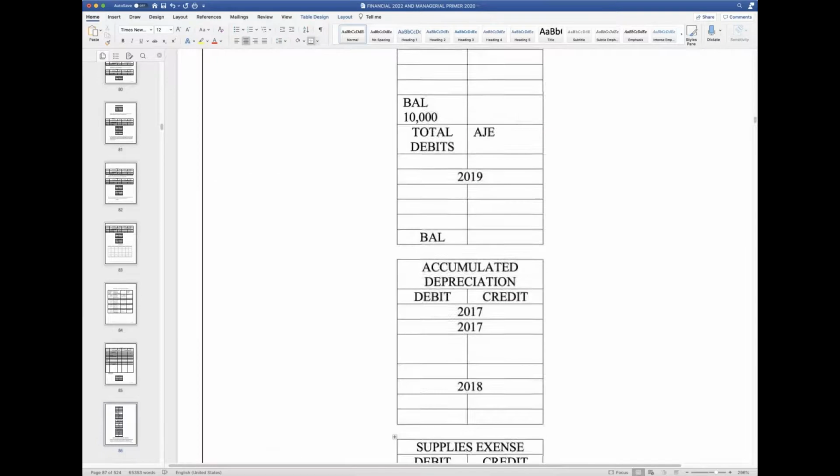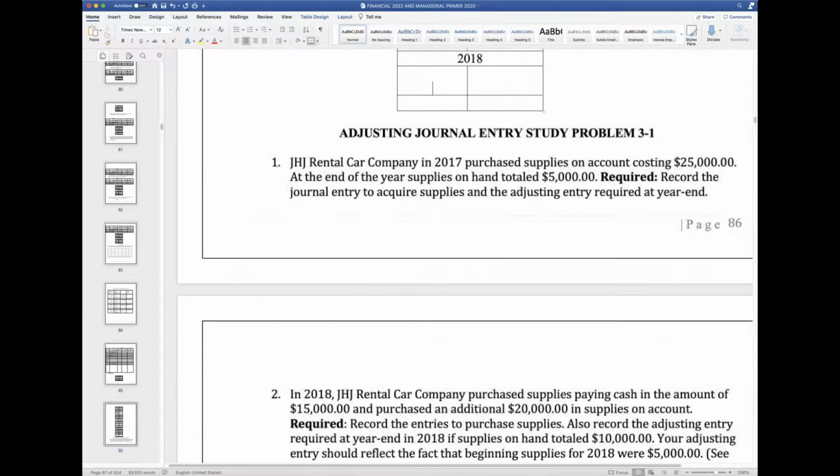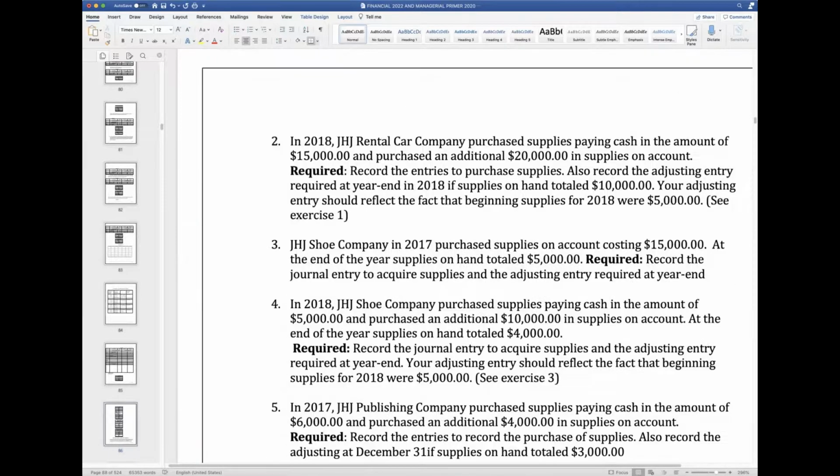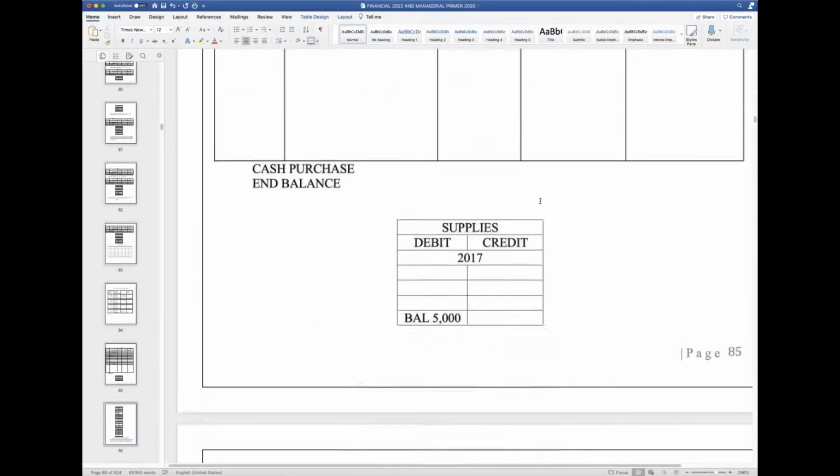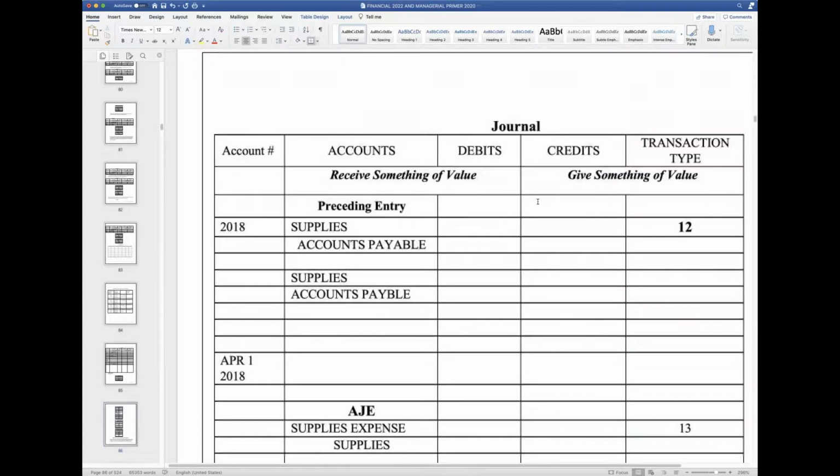If we're buying for cash or on account, on account is $15,000 supplies. So I'll have debit supplies 15,000, credit accounts payable 15,000.